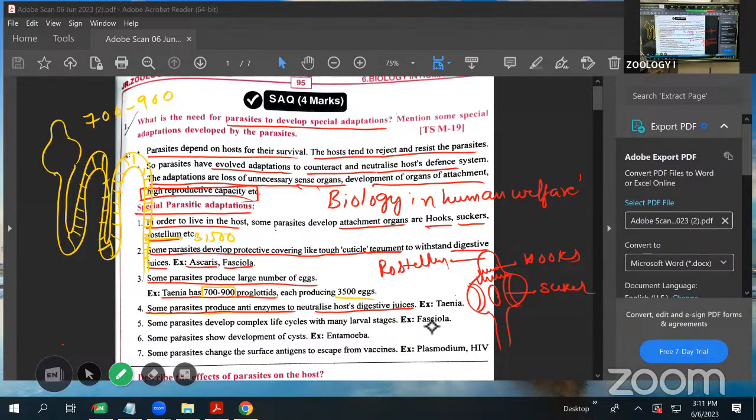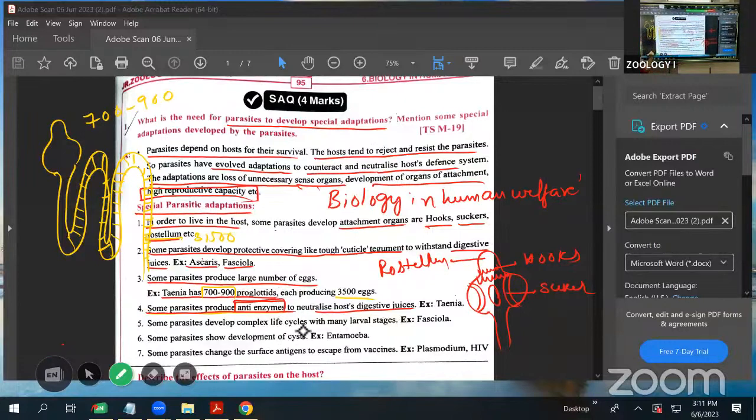The host, means man, produces digestive enzymes, so for neutralizing purpose they produce the anti-enzymes. They are also covered with the tegument or cuticle for protection from the digestive enzymes, and some parasites produce anti-enzymes.